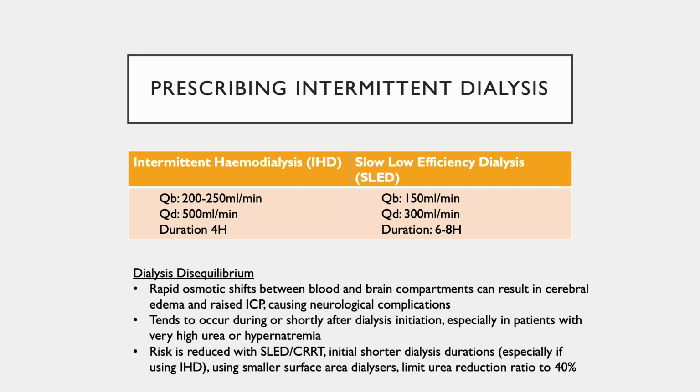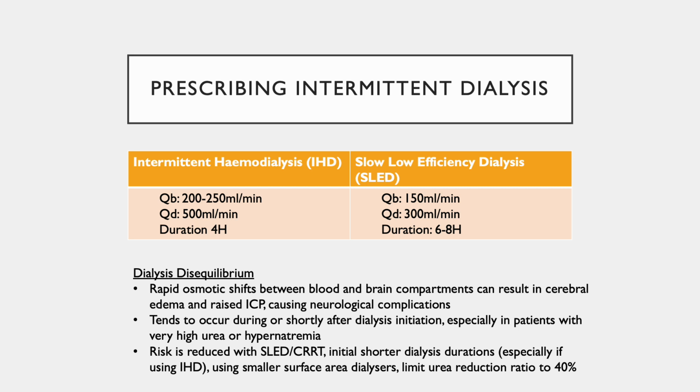And the risk is usually reduced by starting with SLED instead of intermittent hemodialysis, using shorter initial dialysis durations, using smaller surface area dialyzers, and limiting the urea reduction ratio to less than 40%.